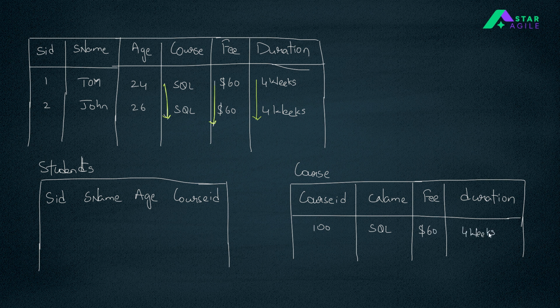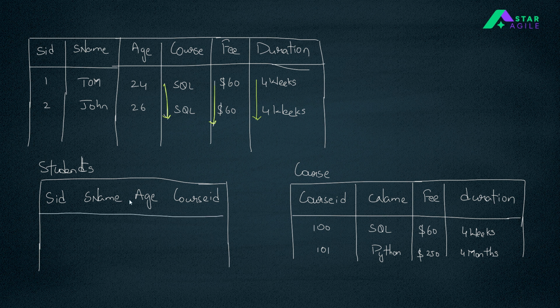Next, one more record I can insert: course ID 101, and some other course name, like Python, with a fee of $250 and a duration of 4 months.